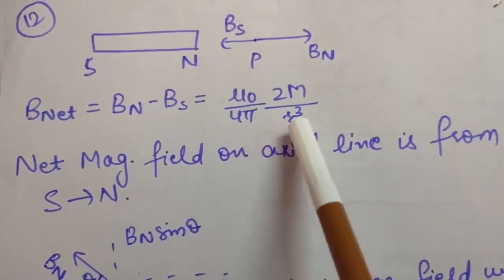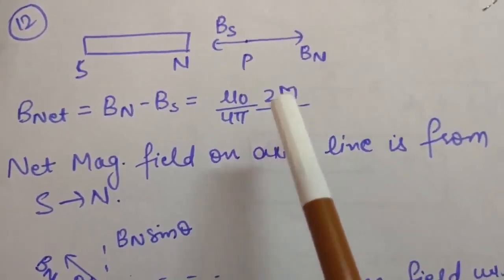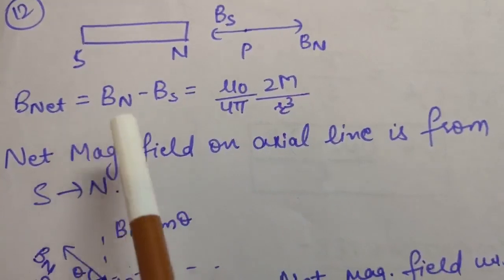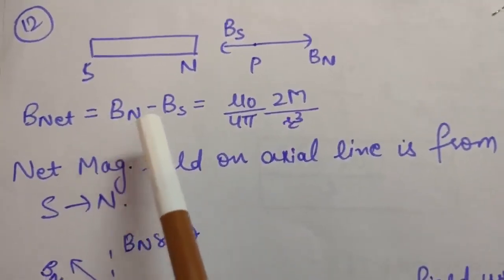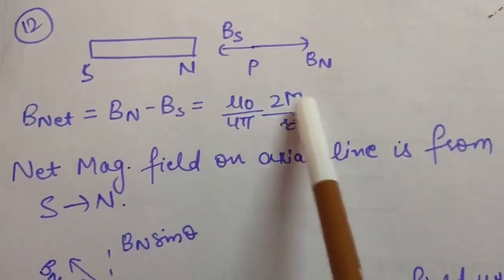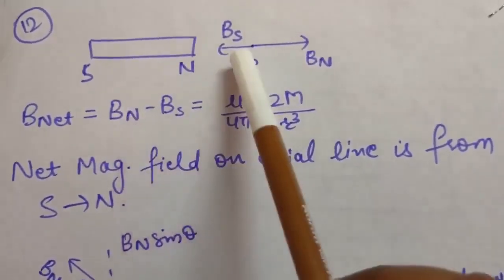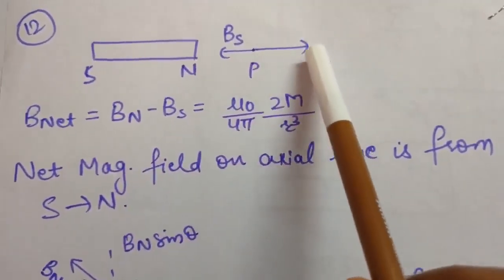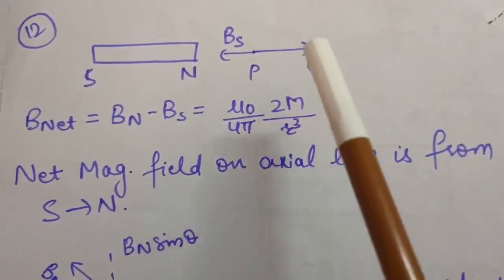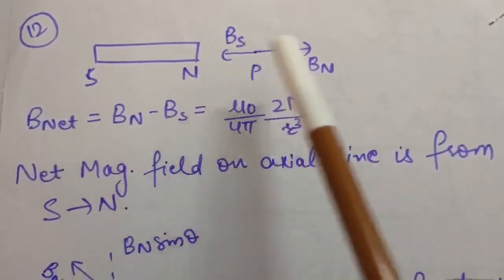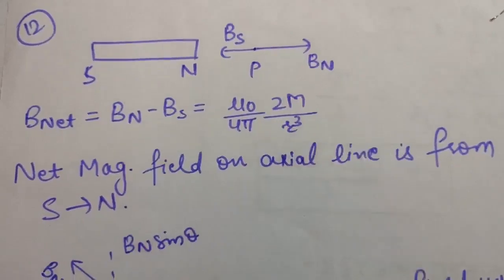Now the magnitude you all must have calculated, but if we talk about the direction, clearly here we are calculating Bn minus Bs and that is coming to be positive. That means the direction is that of Bn. So we can say on the axial line the direction of magnetic field is from south to north, because Bn is pointing from south to north.